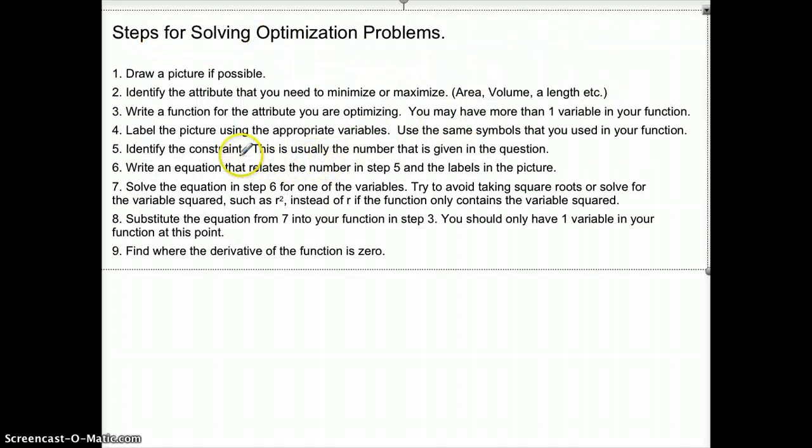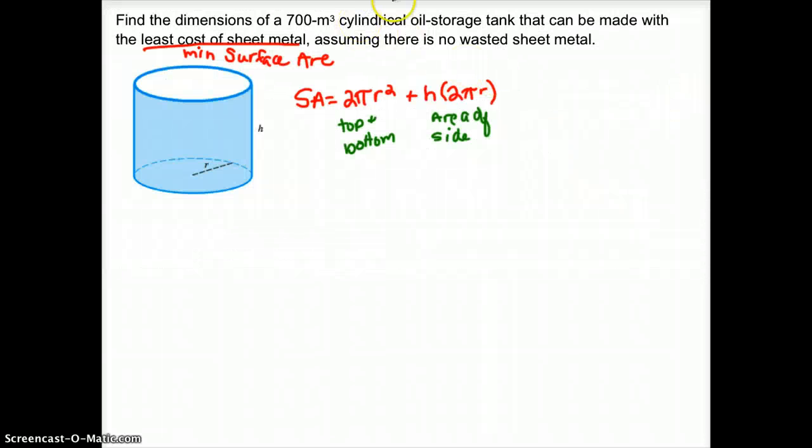Okay, identify the constraint. It says this is usually the number that's given in the question. So my constraint looks like it should be this 700, because that's the number that's given in the problem. Now just so you know, this is my function here, because that's what I'm trying to minimize or maximize.